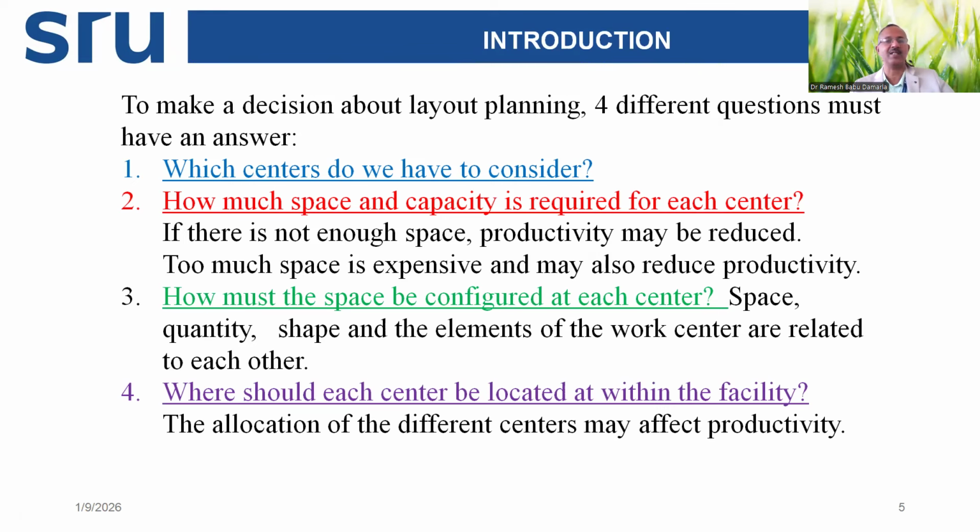Third question is, how must the space be configured at each center? Space quantity, shape, and the elements of the work center are related to each other in this case. Fourth, where should each center be located within the facility? For example, in a car manufacturing facility, if three model cars are made, there are three assembly lines, how should they be located and constructed? This allocation of different facilities may also affect the productivity.